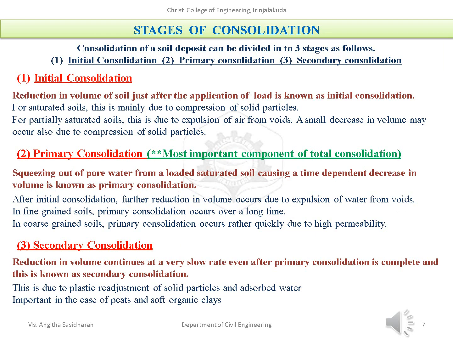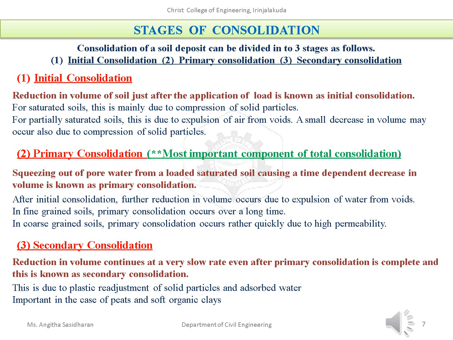Coming to the various stages of consolidation. Consolidation can happen in 3 different stages: initial, primary and secondary, out of which primary is of more importance if you're considering the total consolidation. So what is initial consolidation? It is something which happens immediately after the application of load.